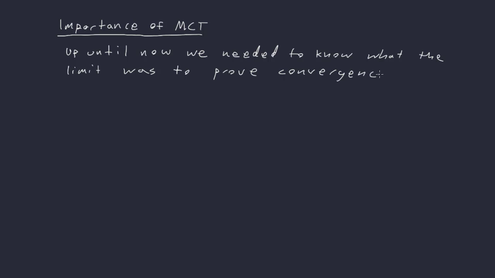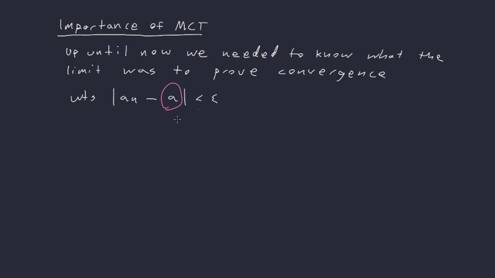Right, because remember, we were always wanting to show that the absolute value of a_n minus a is less than epsilon, but we can only do that if we know what the a is. Right, we have to know what that a is to put it in there to even get started on the epsilon proof.